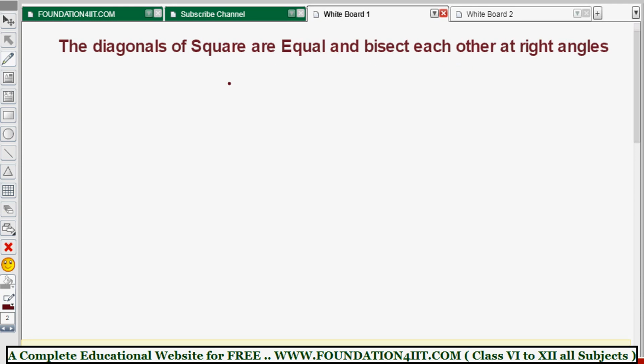To prove this theorem, first we should take the given information, right? Here the given data is the diagonals of a square. That means one square you should take. So I am taking ABCD. Yeah, this is a square.